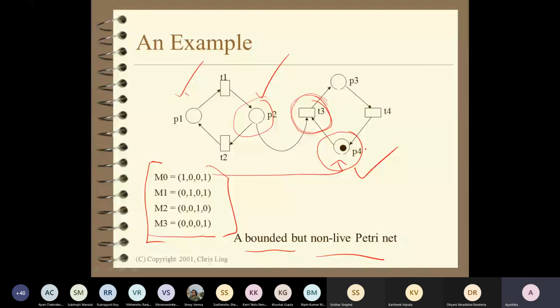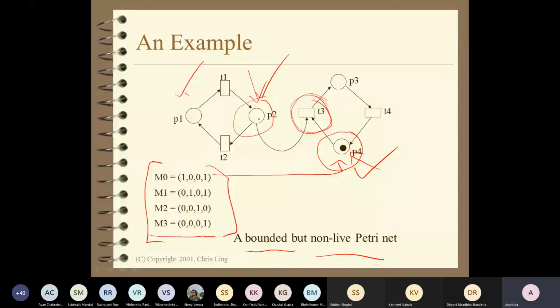Why? After this, when you have a token in P4, and if any transition condition is getting satisfied in T3, then also, to make this transition successful, you have to get inputs from P4 as well as from P2, but you do not have any token left in P2.